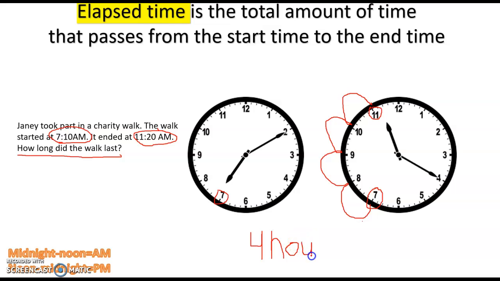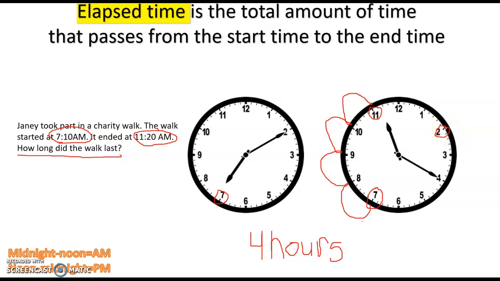And then let's count the minutes. So the time wasn't 11 when it ended. It was 11:20 and it started at 7:10. So my minute hand was here. So for 4 hours to pass, 7:10, 8:10, 9:10, 10:10, 11:10, we've got some time still before it's 11:20.